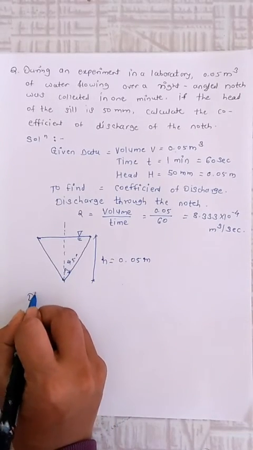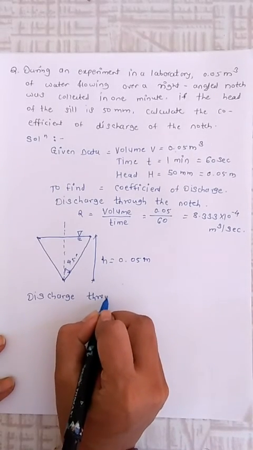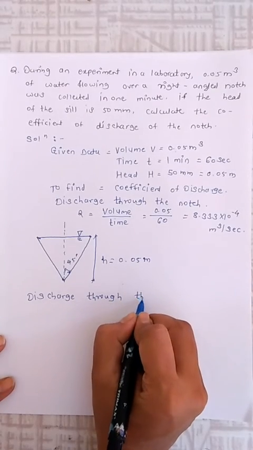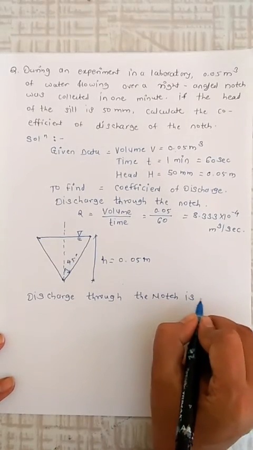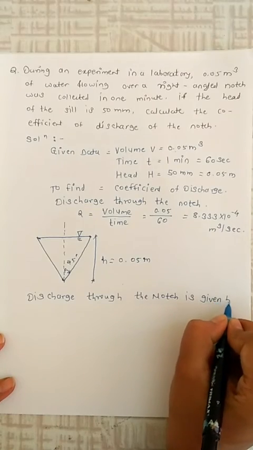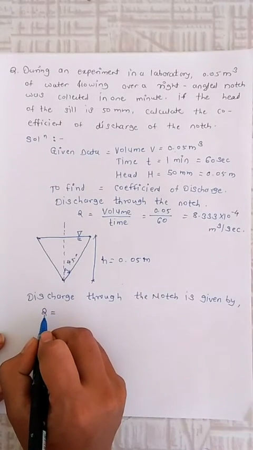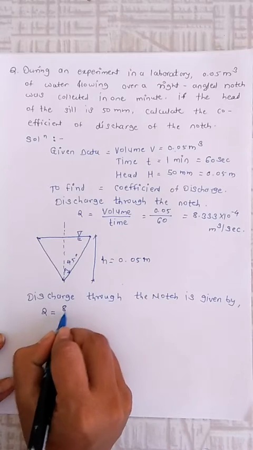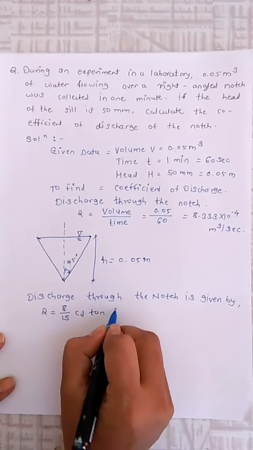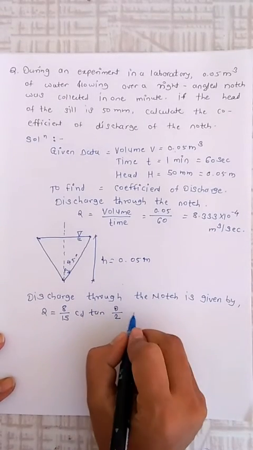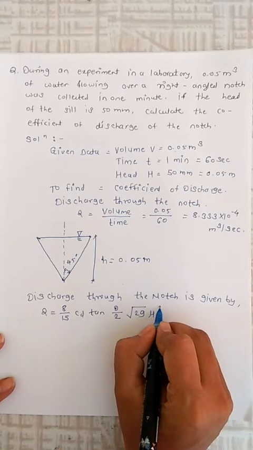So the discharge is given by a formula for calculating discharge through the notch: Q is equal to 8 by 15 into CD into tan of theta by 2 into under root 2g into h raised to 5 by 2.